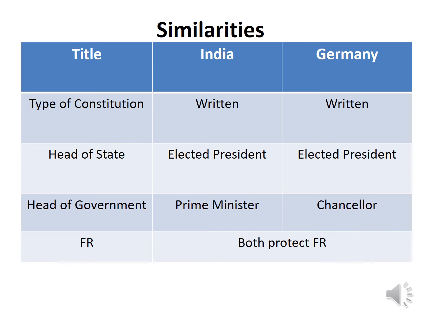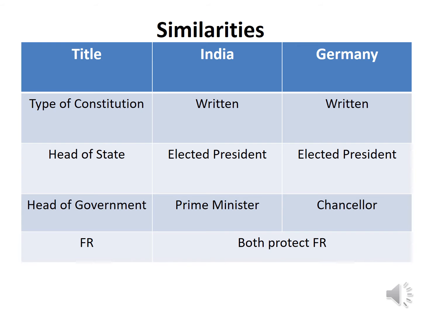The head of government is the prime minister in India, as you already know, and in Germany it is the chancellor. You have heard the term chancellor many times. The chancellor is actually the prime minister of Germany, so the prime minister of India is equivalent to the chancellor in Germany.